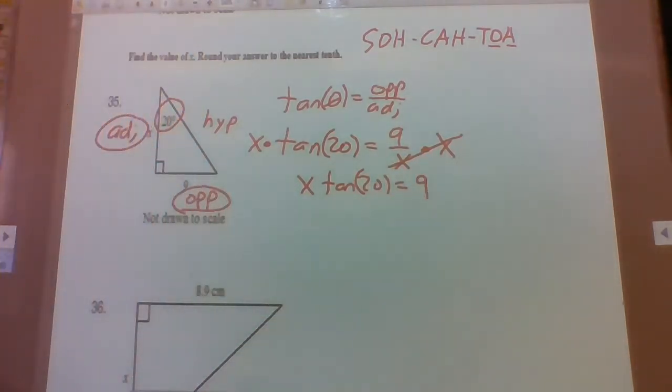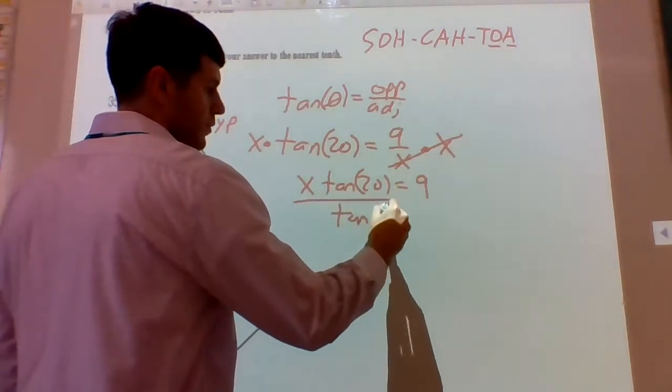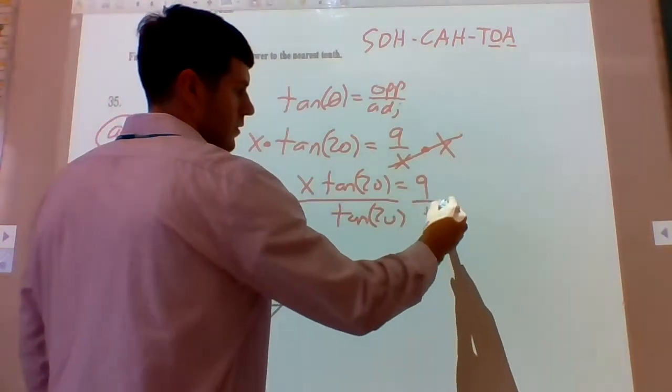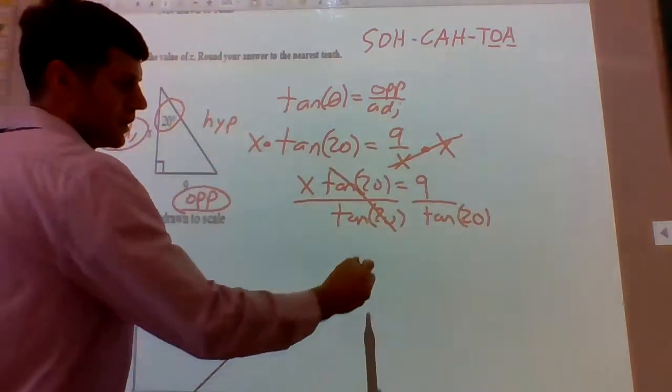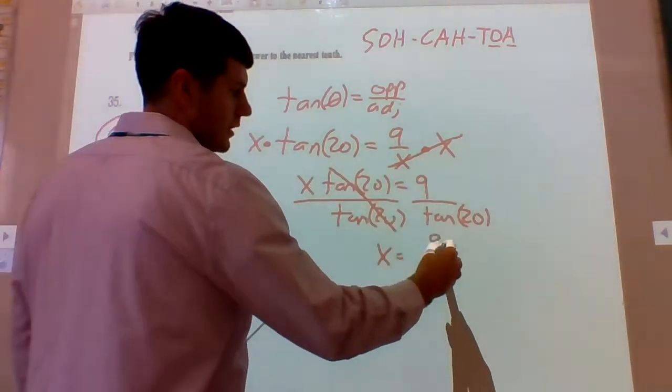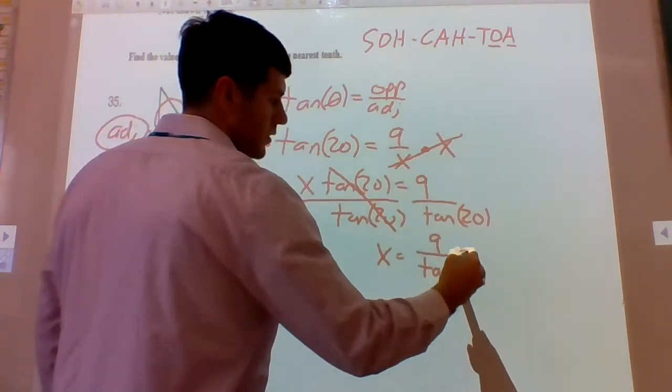To get x by itself, we now need to divide both sides by the tangent of 20. The tangents of 20 cancel out, and we get x equals 9 divided by the tangent of 20.